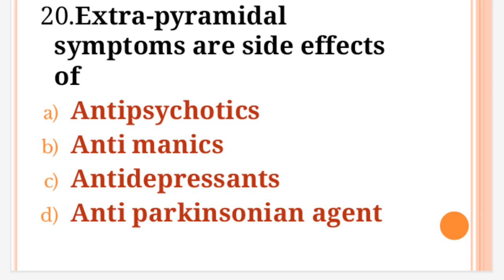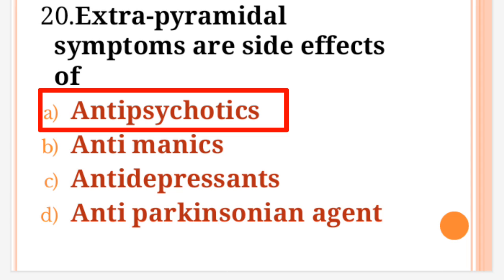Next question. Extrapyramidal symptoms are side effects of options: A. Antipsychotics, B. Antimanics, C. Antidepressants, D. Anti-Parkinsonian agent. Answer is A. Antipsychotics. The most common side effect of antipsychotic drugs are extrapyramidal side effects.